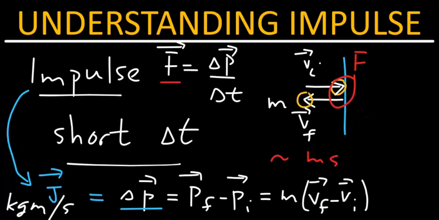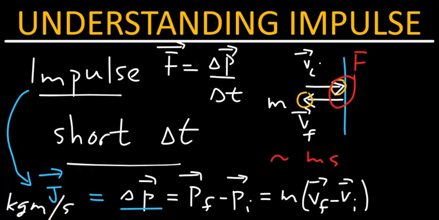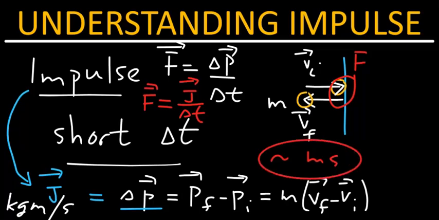If that force is causing the momentum to change, and we know the change in momentum is the impulse, then we can relate this force to the impulse. It simply becomes force equals impulse over the short time interval. It's important to realize that the time interval must be very short whenever we are discussing the concept of impulse.